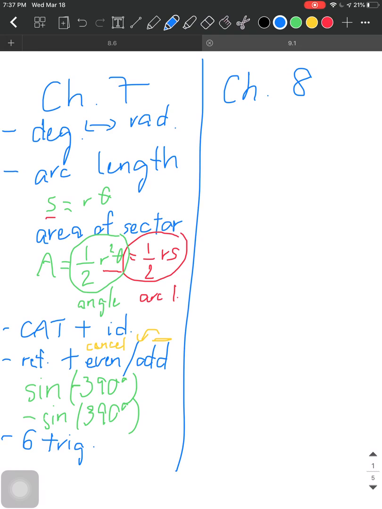For example, cosine has to be negative or something like that. You have to decide what quadrant is where sine is positive and cosine is negative. And after that, you draw a right triangle, and then you figure out all the other remaining trig functions, okay? You saw it in the test or in the quizzes already, so I'm guessing you guys are familiar with that.